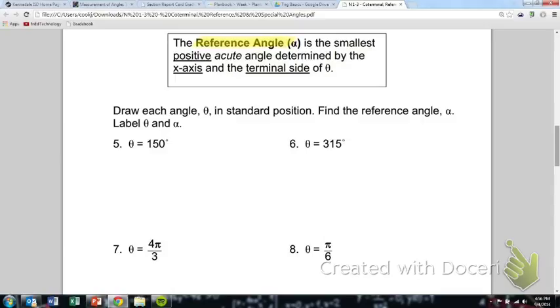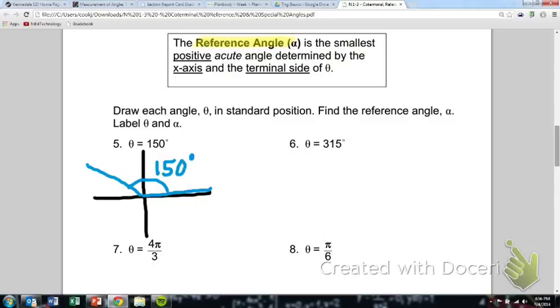So for example, let's look at 150 degrees. If you think about where 150 degrees is, it is in the second quadrant. It's 60 degrees past 90, right? So this is 150.